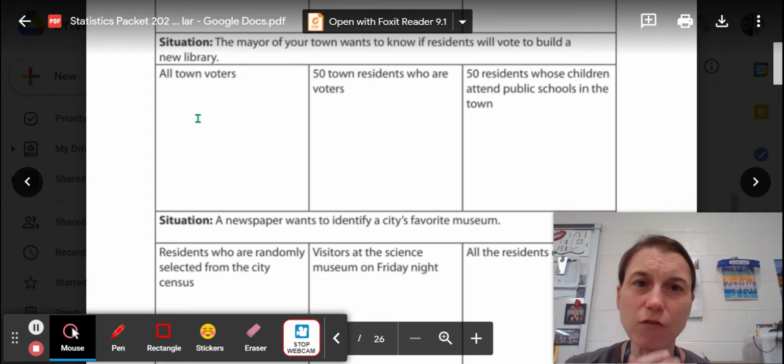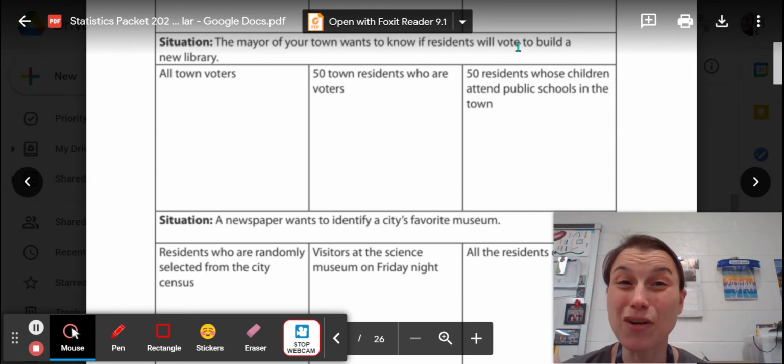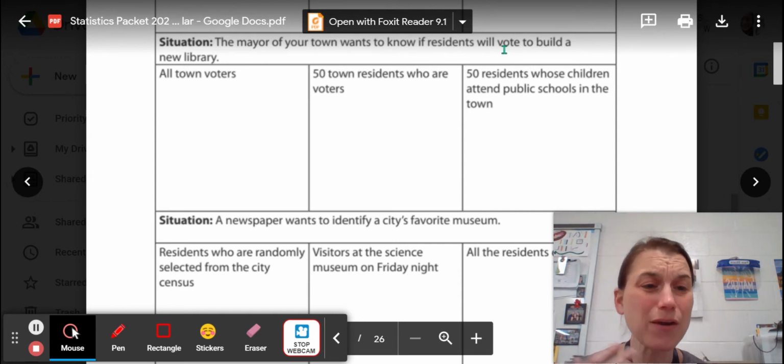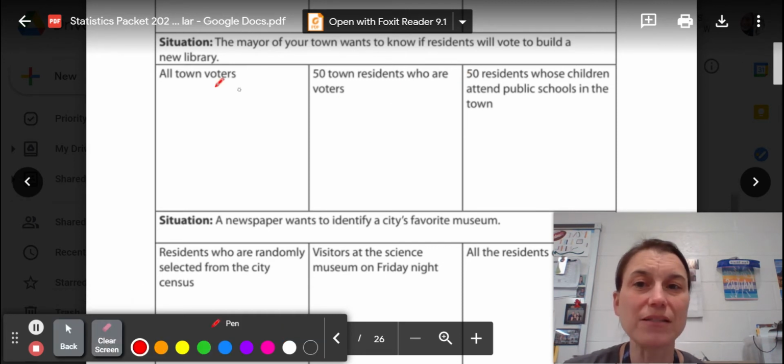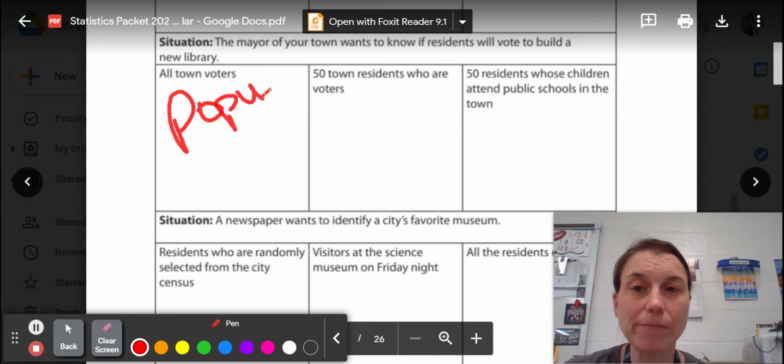But you have to be careful because they're going to vote. So maybe someone's a resident, but they're not registered to vote, so they're not going to be able to sway it one way or another. So what he wants to know is if they will vote, that means all the voters are the population.